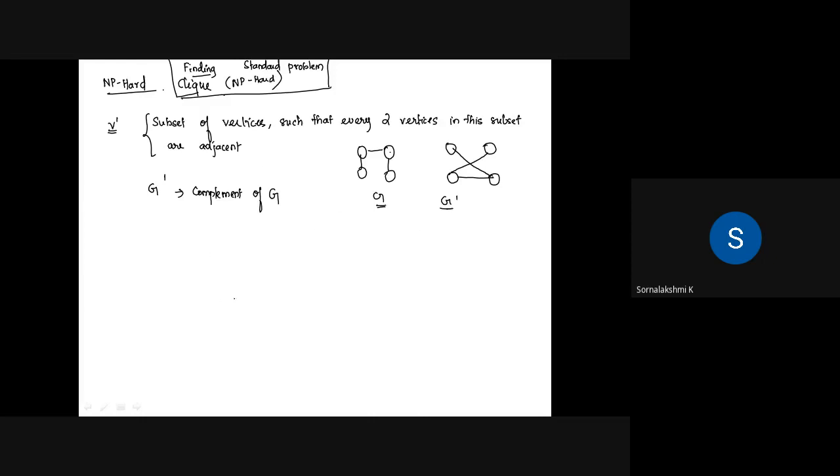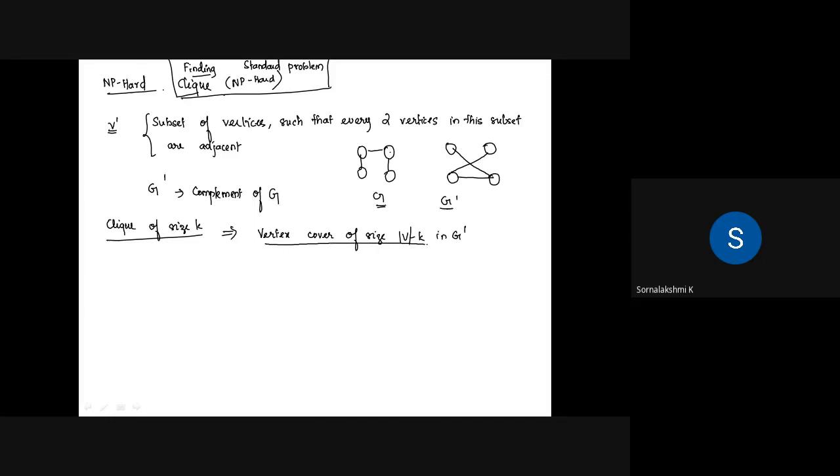Okay. So the problem is to find if there is a clique of size K. You're going to say that finding a clique of size K is equivalent to finding a vertex cover of size |V| minus K in G dash.